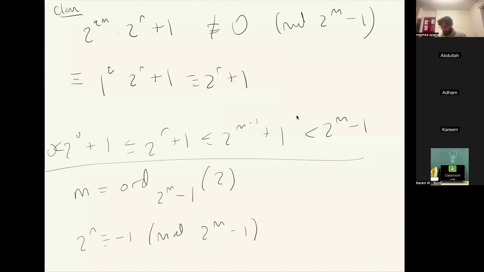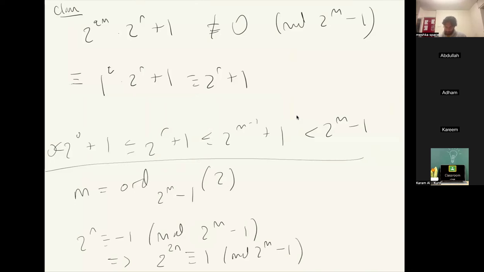And so we have 2^(2n) is congruent to 1 mod 2^m - 1.